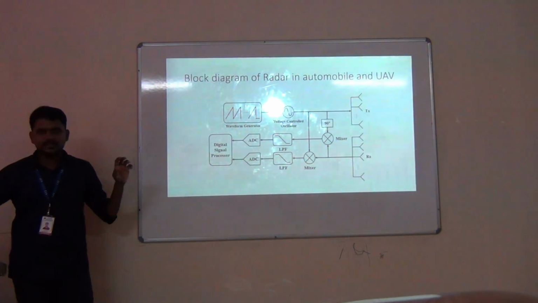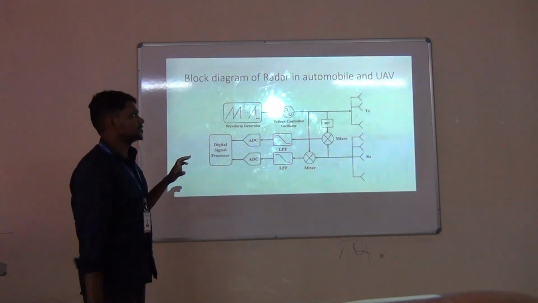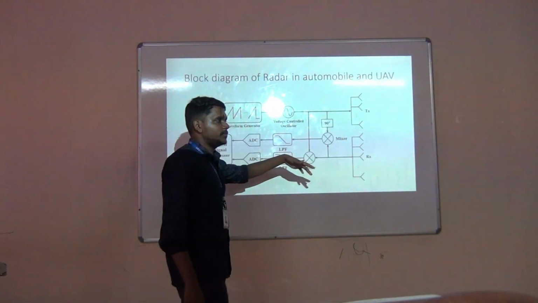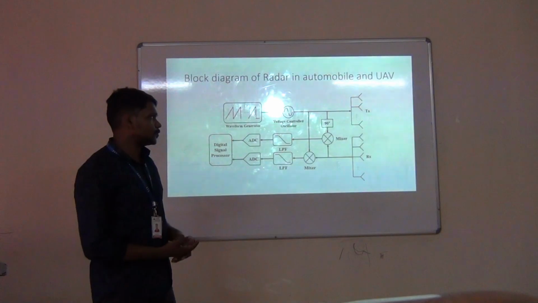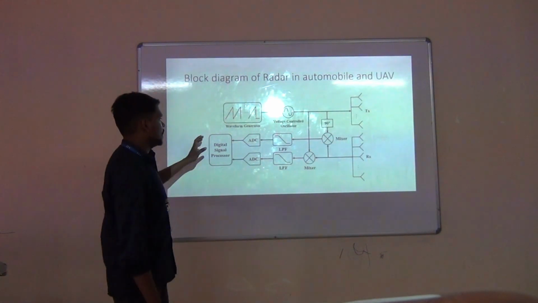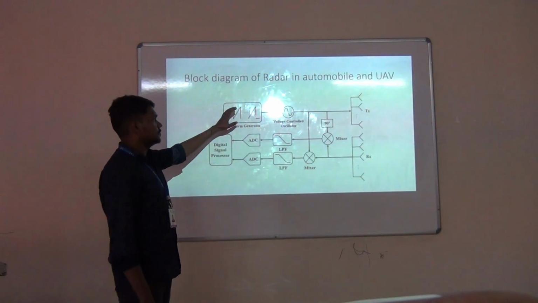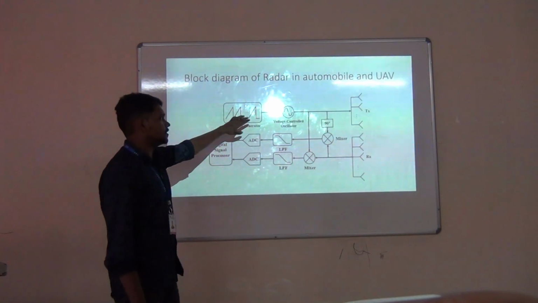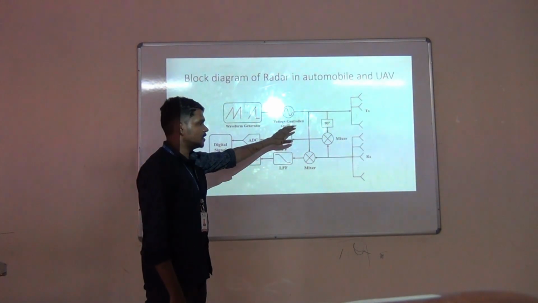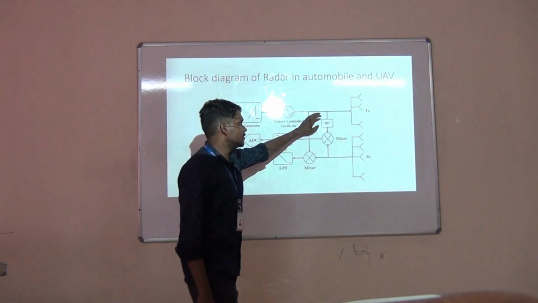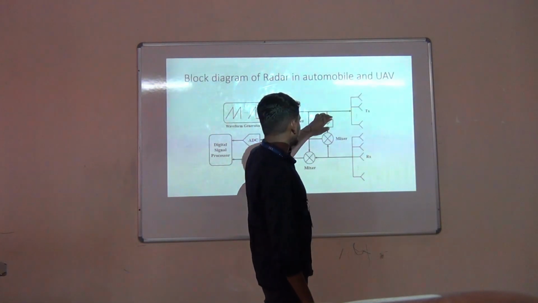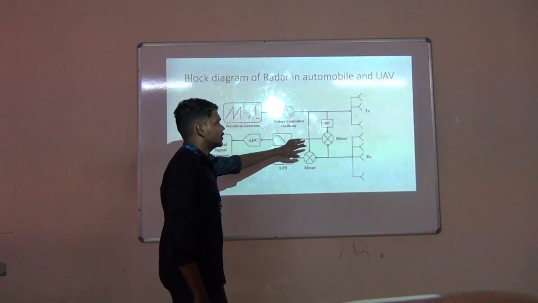This is the basic functional block diagram which most automobiles and UAVs, meaning unmanned vehicles like drones, will be using. If you see here, there will be a waveform generator which provides the pulse to the voltage controlled oscillator, then to the amplifier. This will provide the signal to the transmitter and the 90-degree mixer also.